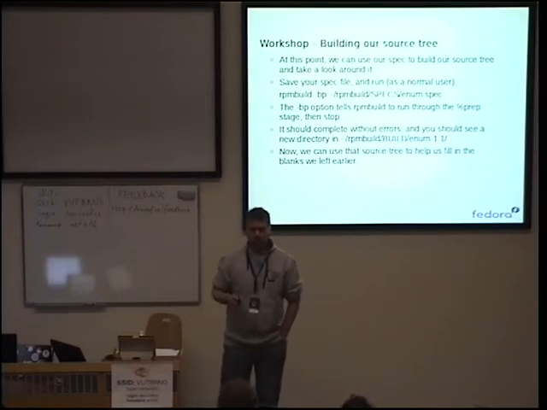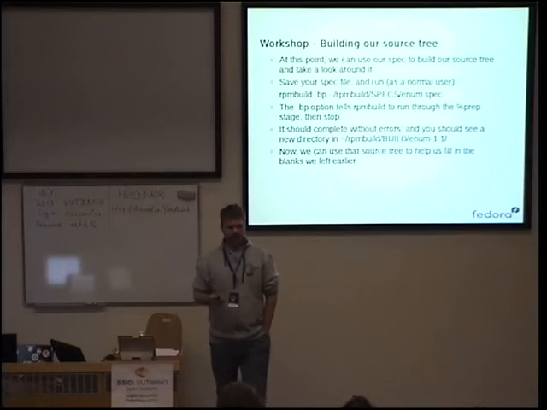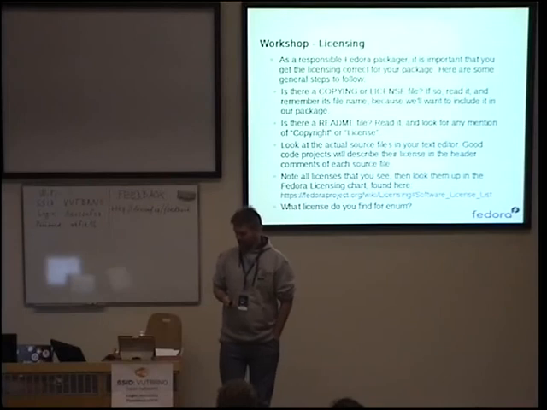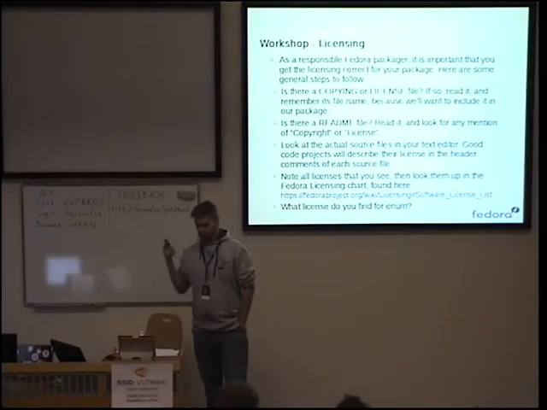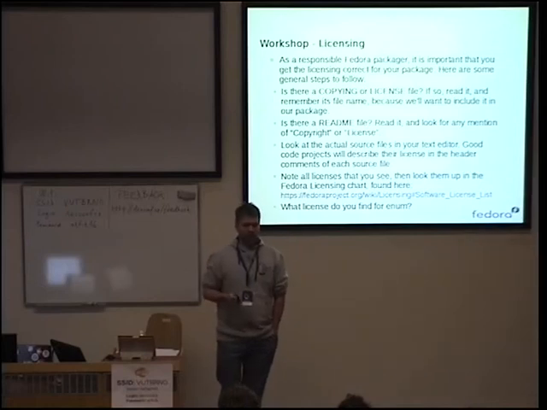And now it's time to look at what's there and investigate the sources. There are the unpacked sources, so you should go into the files and check the headers if there is some license. You can check for a LICENSE or COPYING file and check the license.